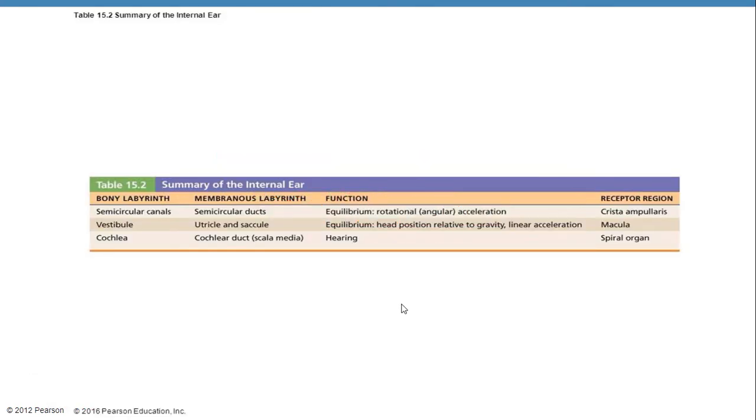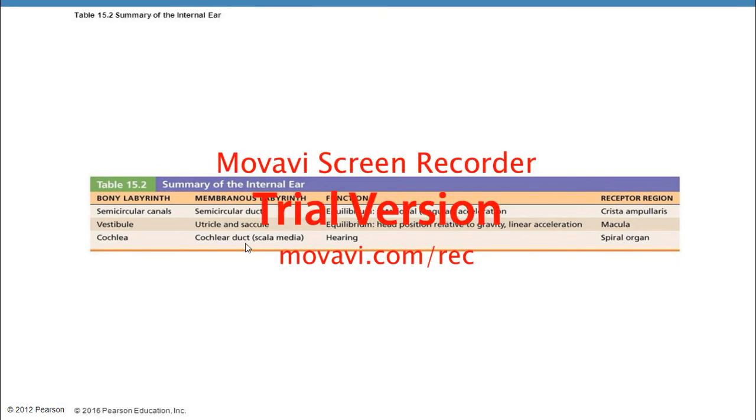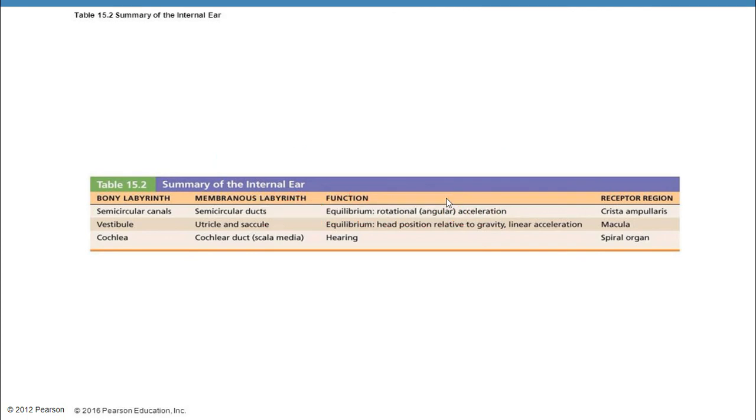All right, so this is a good table that summarizes the internal ear, the function, and where the receptors are located. So the semicircular canals deal with equilibrium, rotational acceleration, and you have the hair cells in the crista ampullaris.